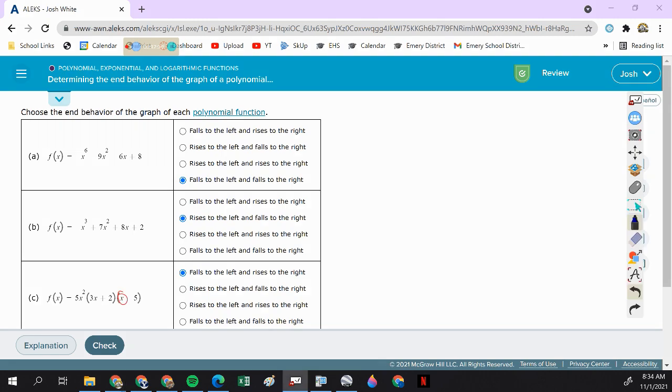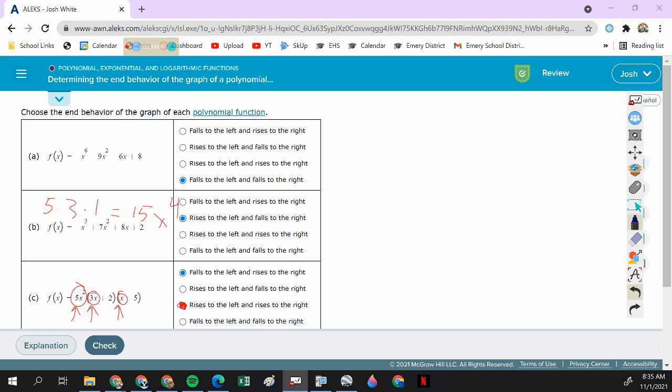There's 1 there, 1 there, and 2 there. And the number in front is going to be 5 times 3 times 1. So we have a 5 there, a 3 there, and a 1 there. So I get 15x to the 4th. What does positive 15x to the 4th look like? It's going to be a W, so it would be rises to the left and rises to the right. Right there.